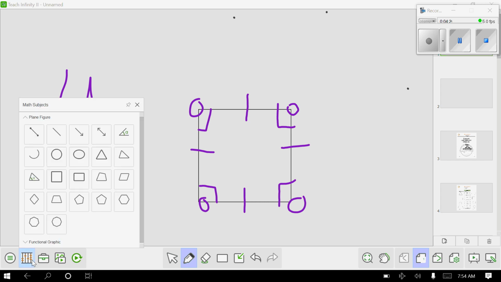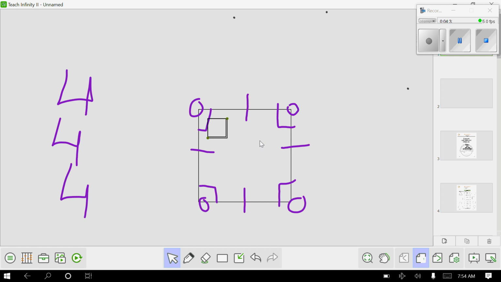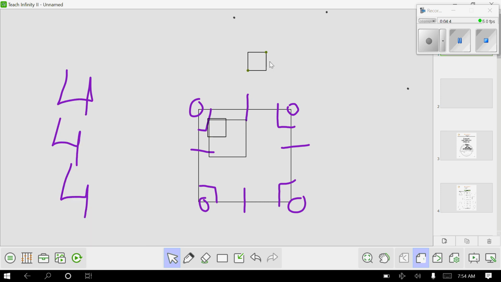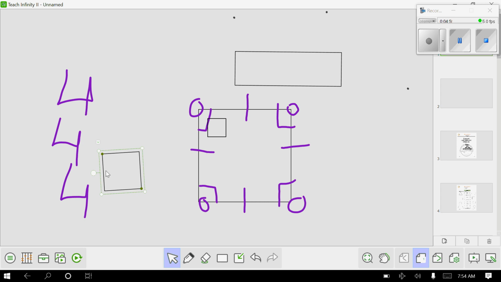The main attribute of the square is that all the sides are equal. All the sides are equal. Let's distinguish between the square and this shape. Yes, this shape I call a rectangle.